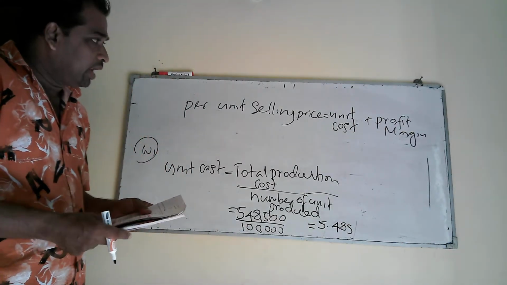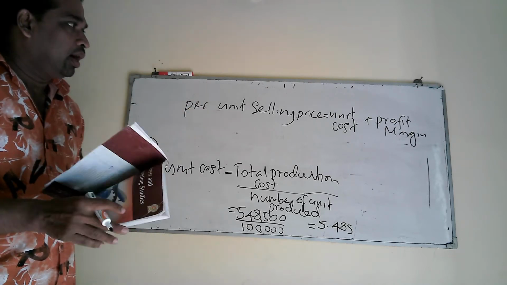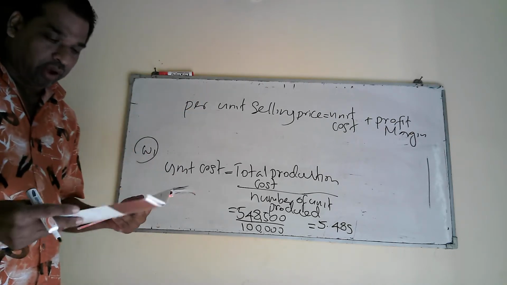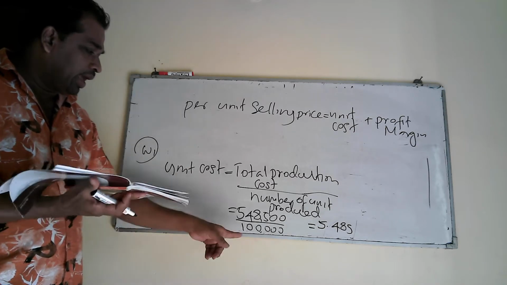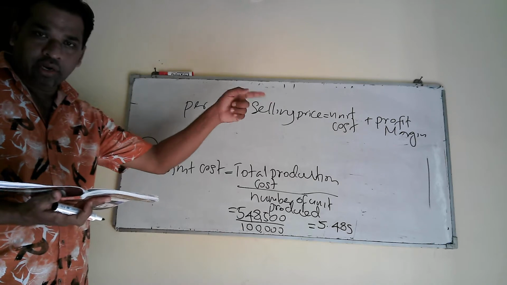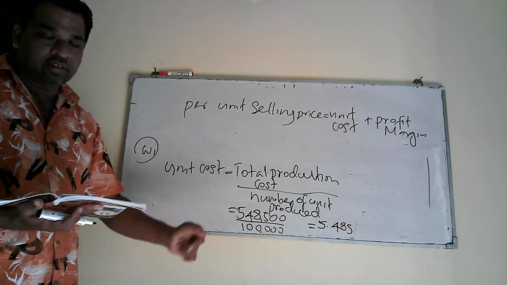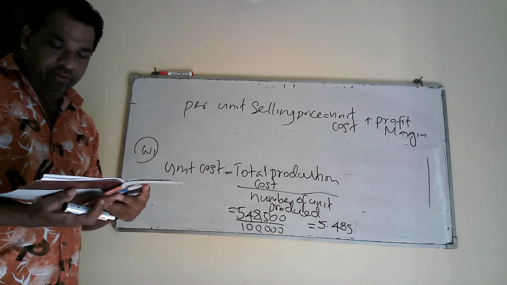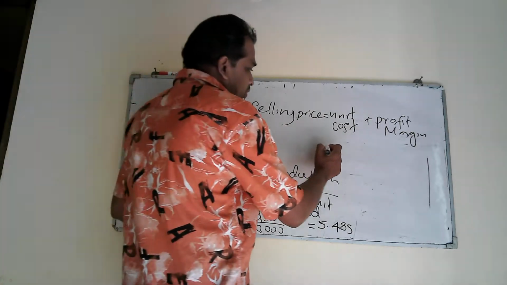Then we can apply unit cost to calculate per unit cost. Here they have produced 100,000 units. That's why I have used 100,000, and our total production cost was 548,500. Therefore, per unit cost is 5.485.